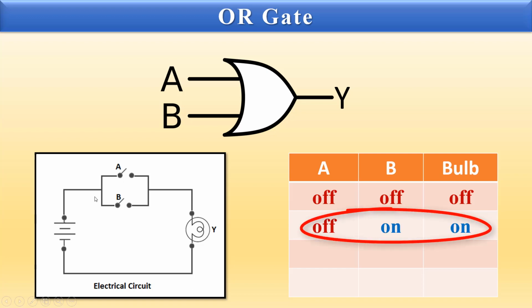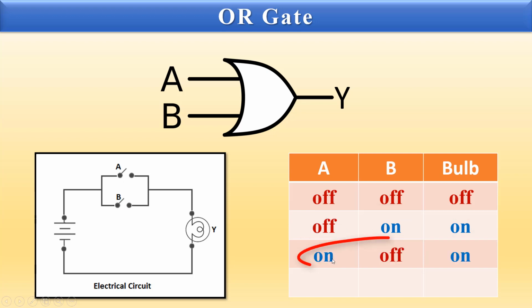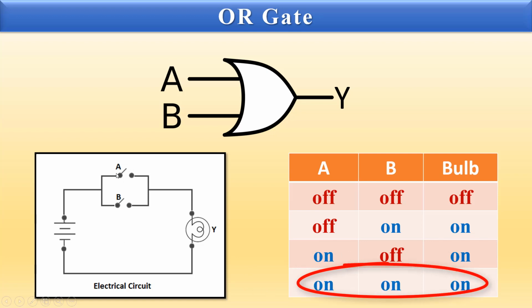If we turn on B, then the current will flow through the B and the bulb will be turned on. If you make the status of switch A as on and B as off, then the current will flow through the A switch and the bulb will glow. And if you make both the switches on, then the current will flow and the bulb is on.